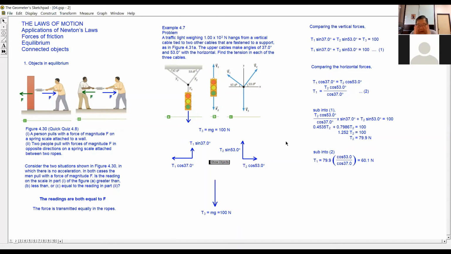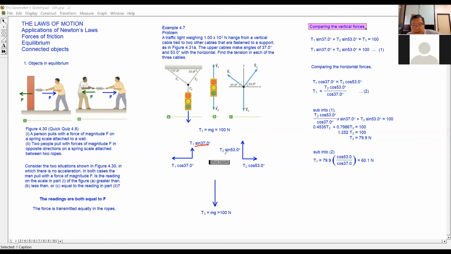Now I just want to look at the vertical components. They are T1 sine 37 and T2 sine 53. These two forces are balanced by the weight mg, and we know mg is 100 newtons. So we can form the first equation by comparing the vertical forces.